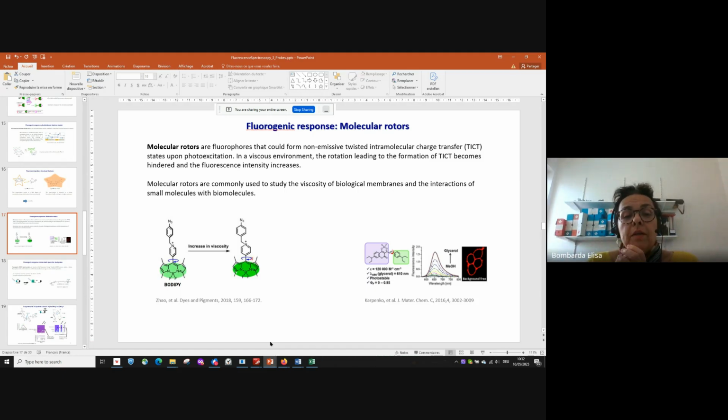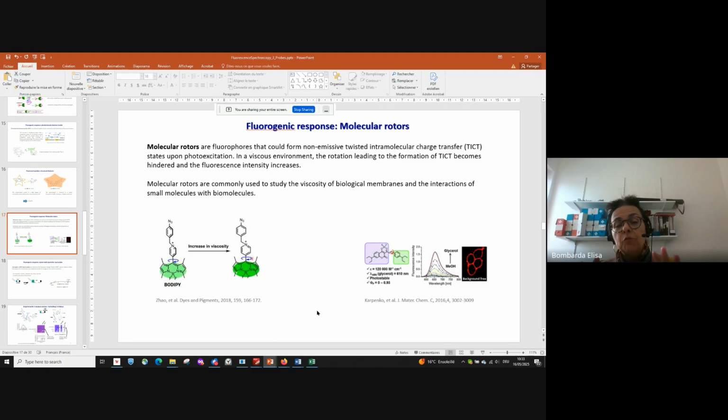Yesterday we ended with introducing the molecular rotors, probes that can be very useful for detecting local viscosity in biomolecular samples, also in cells.